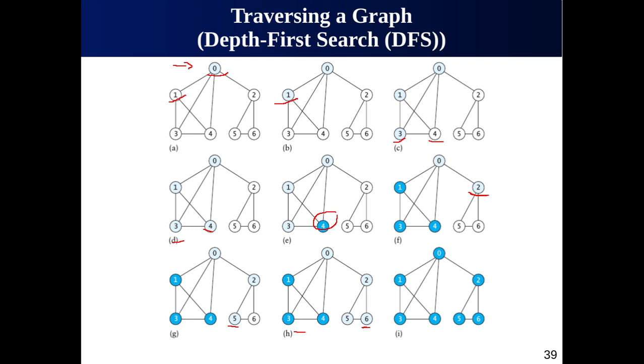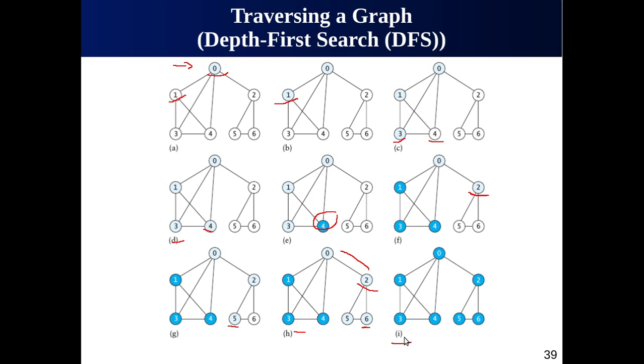The vertices adjacent to 5 have all been visited, so therefore we mark 5 as finished. All the vertices now adjacent to 2 have been visited, so we mark 2 as finished as well. And finally we backtrack to 0 because all of the vertices adjacent to it have also been visited, so we also mark 0 as finished, and we are done, and that is shown in figure I.